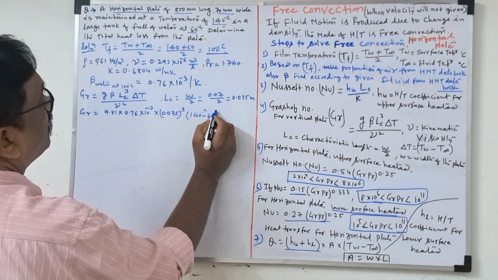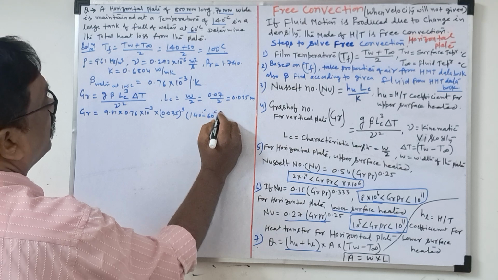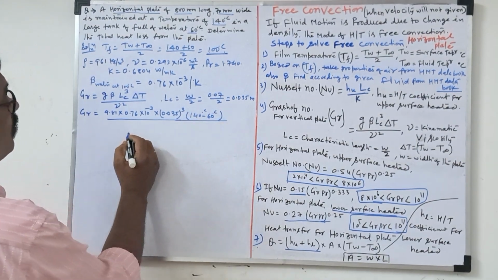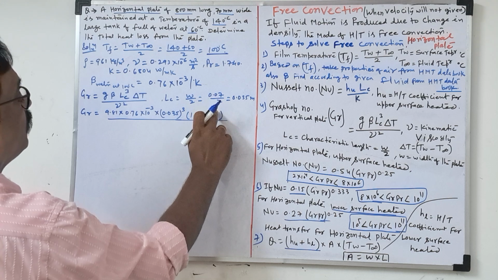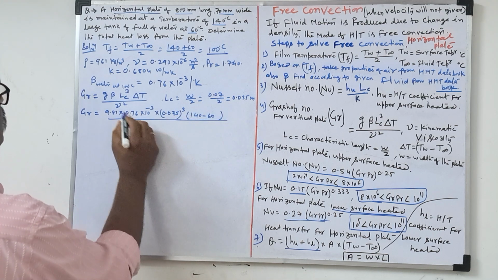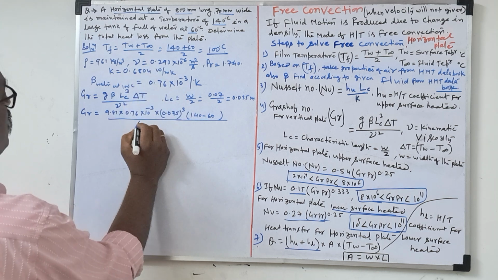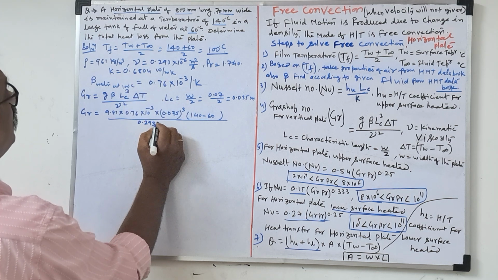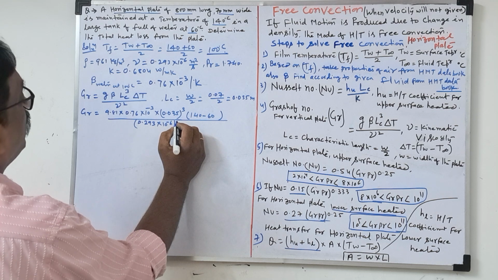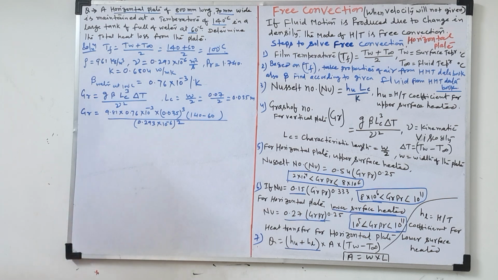All are in degrees Celsius, so it does not matter. Then kinematic viscosity 0.293 into 10 power minus 6, squared. This way we get the Grashof number.